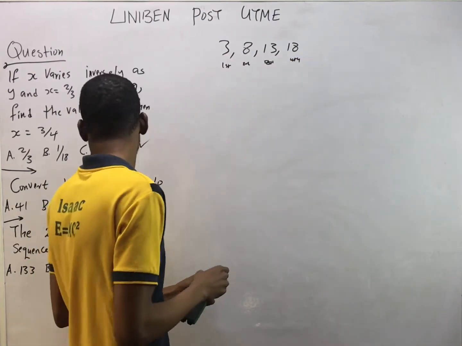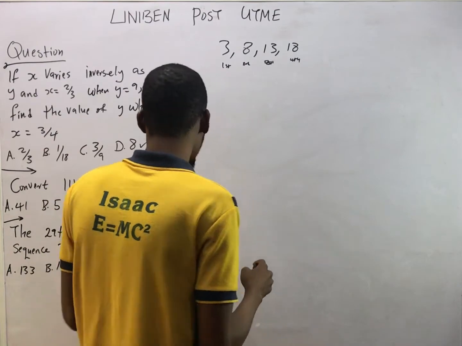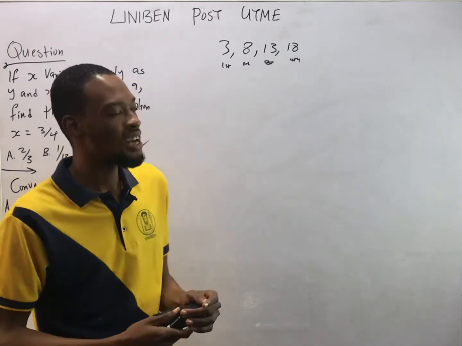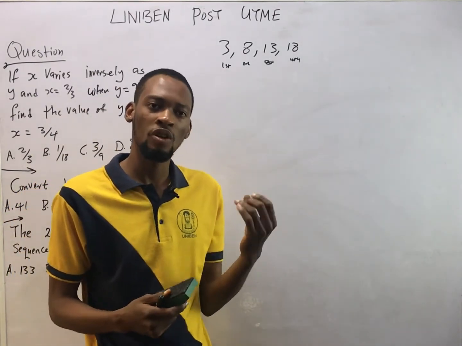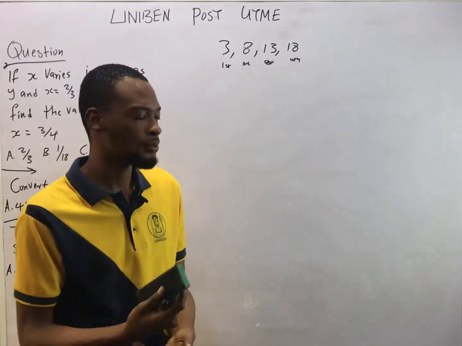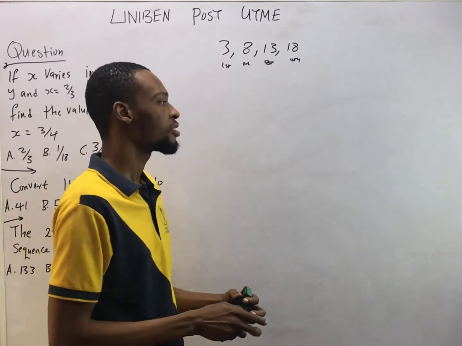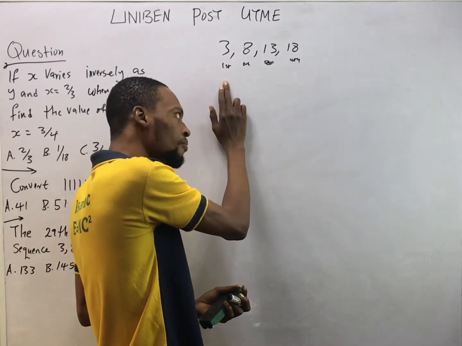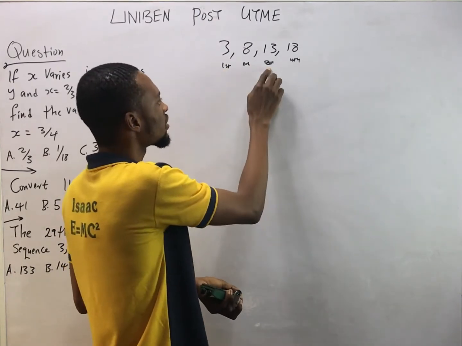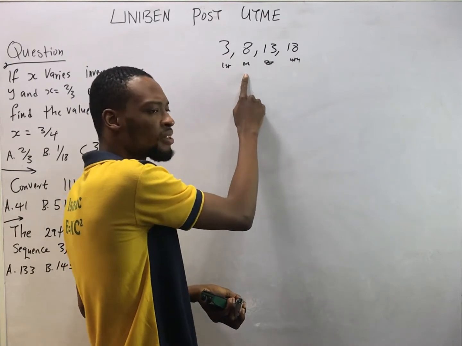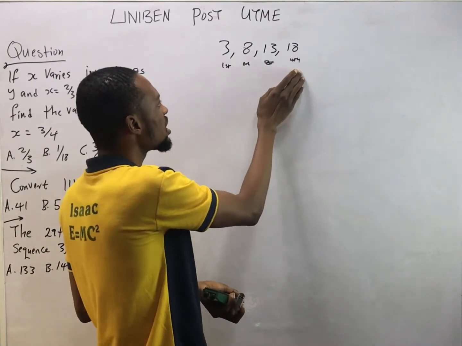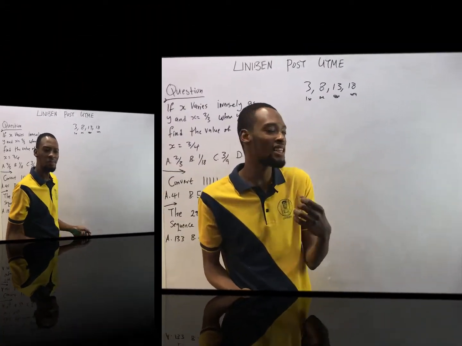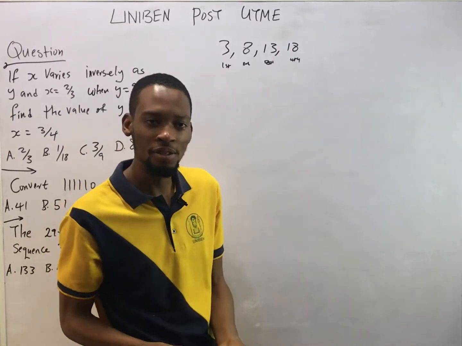And before we solve the nth term, we need to know whether this sequence is arithmetic progression or geometric progression. If the second term minus first term is the same thing as third term minus second term, and the same thing as fourth term minus third term, it means that it is arithmetic progression.